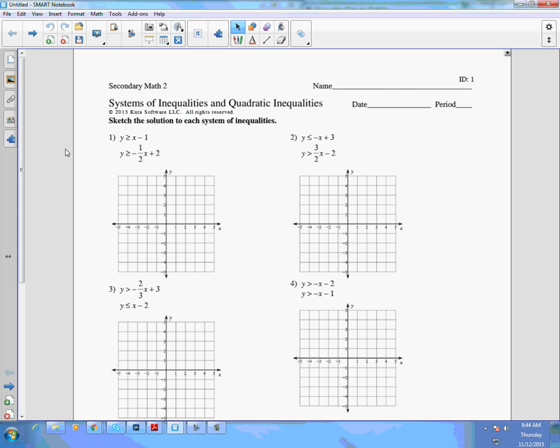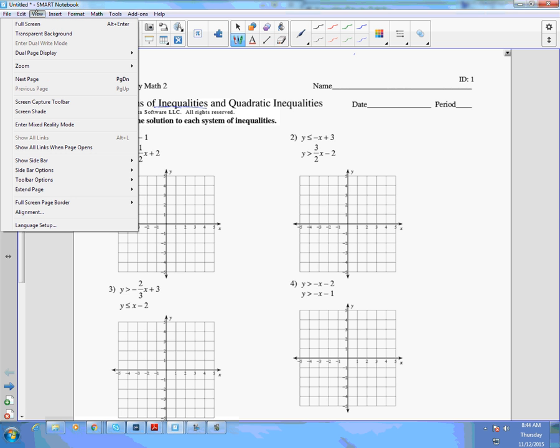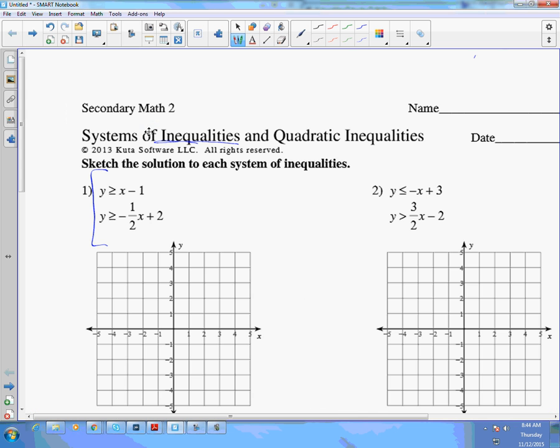Alright, if you remember, back in junior high, when you solved inequalities, look at what's different about this system. Is it an equal sign anymore? No, less than and greater than.